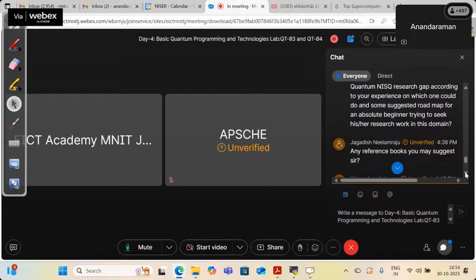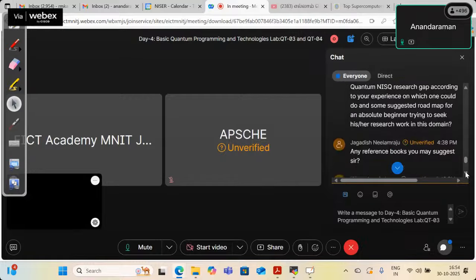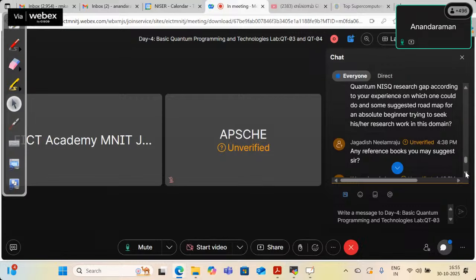Qiskit or CUDA-Q, you can try. Both have a lot of materials, and NVIDIA also has a good advantage because it is already well established in the HPC segment: NVIDIA, CUDA, parallel computing. They are claiming that CUDA-Q will work on the QPU also.